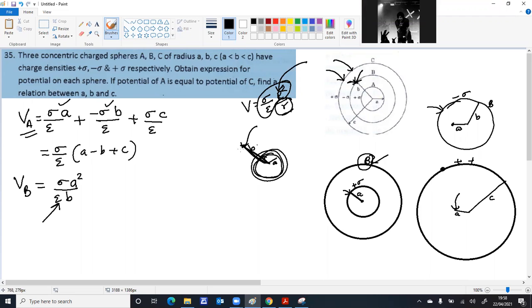Yes, sir. Got it. But sir, don't we have to do it with respect to the B sphere? All three have to be done. So VB should be taken as the charge on the B surface, right? Yes, B will be at its own surface itself.